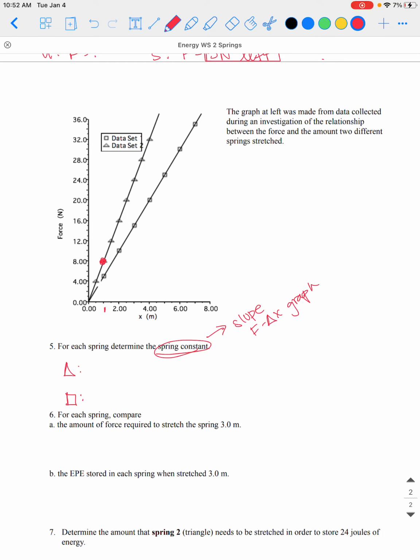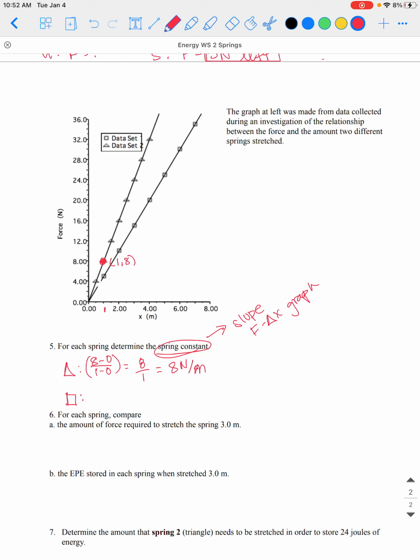So this is 1, 8, and I'm going to plug it into my y2 minus y1 over x2 minus x1. So I'm going to start with 8 minus 0 over 1 minus 0. That gives me 8 over 1, and I get a spring constant of 8 newtons per meter.